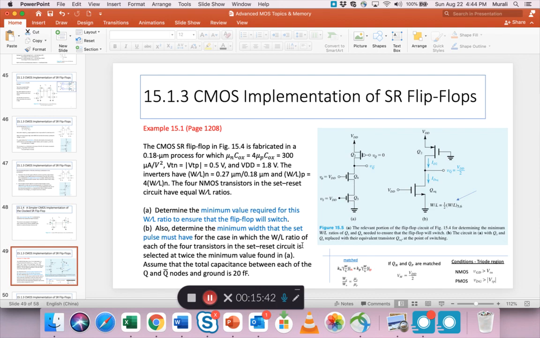Now the time business is similar to what we have already seen, where we find tPHL and then tPLH. So these formulas are all used previously, so I'm not going through each one of them. But the bottom line is you will find tPHL and then tPLH, and then you add the two.